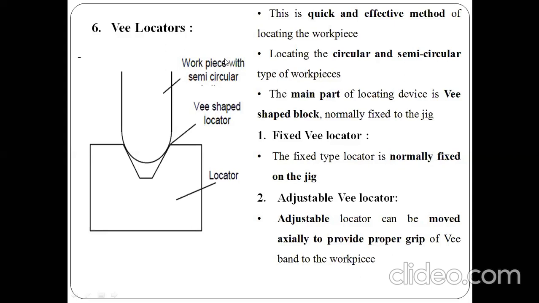An adjustable locator can be moved axially to provide proper gripping. This portion is adjustable to adjust for the size of your workpiece. So this is your next V locator, to locate semicircular and circular components over the fixture.